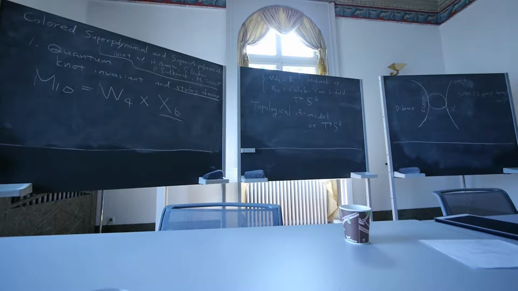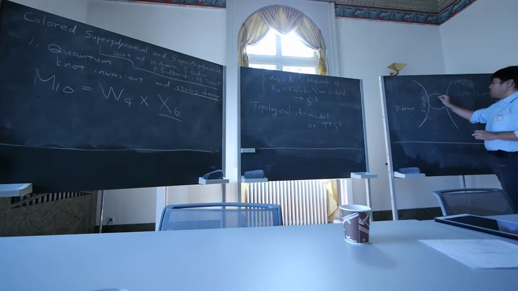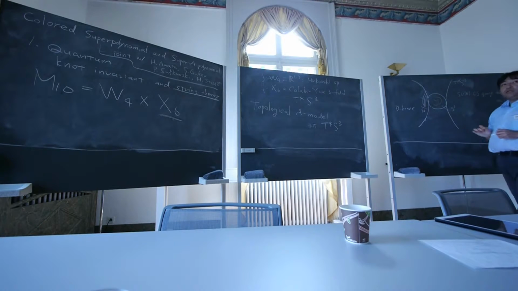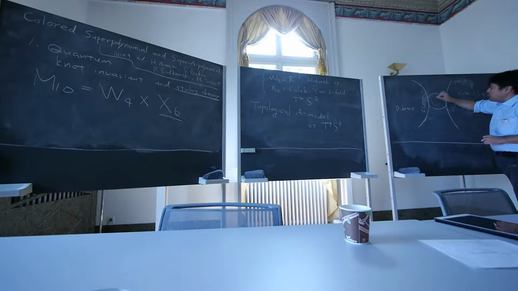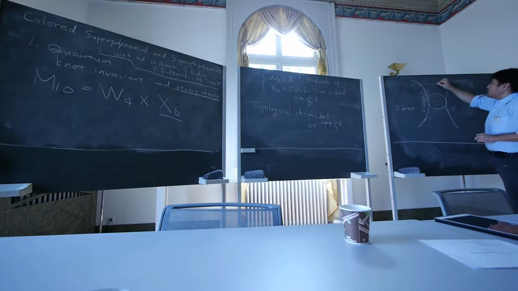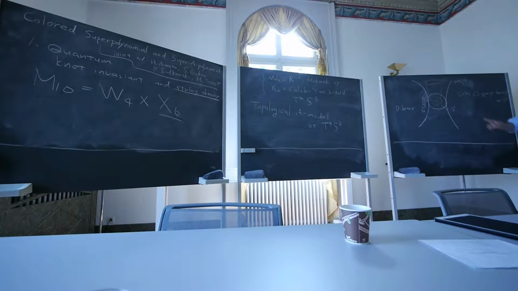But here we are rather interested in the knot invariant. To realize the knot diagram inside this geometry, we will introduce the knot diagram like this. And as a boundary condition, a non-compact Lagrangian submanifold, we will introduce the L_K like this one. This L_K and S3 are intersecting along the knot diagram.